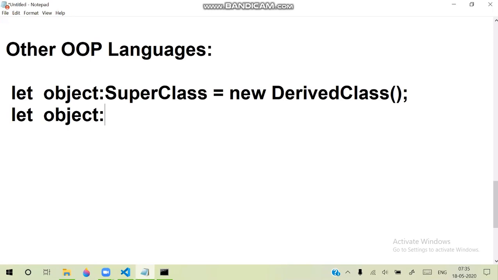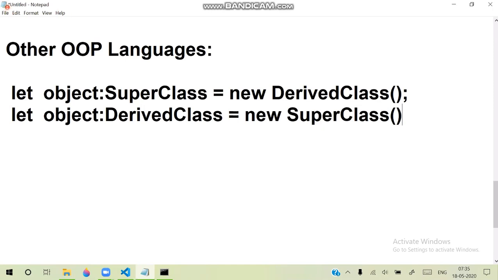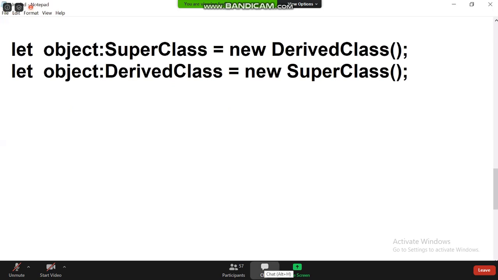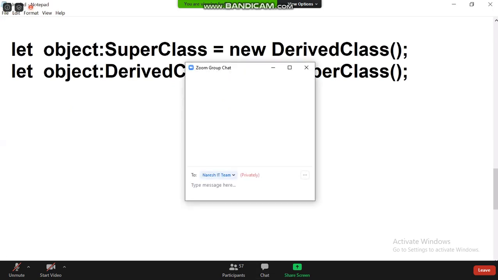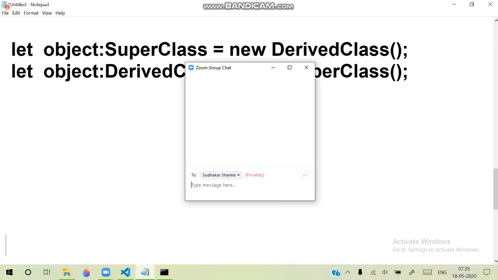I'm just showing you in a TypeScript way. Suppose we have a derived class object using the superclass memory. Is it valid?